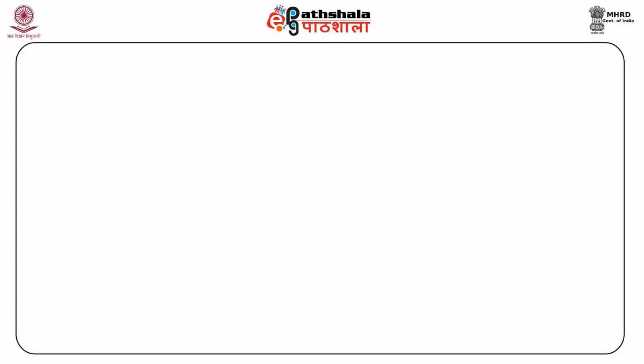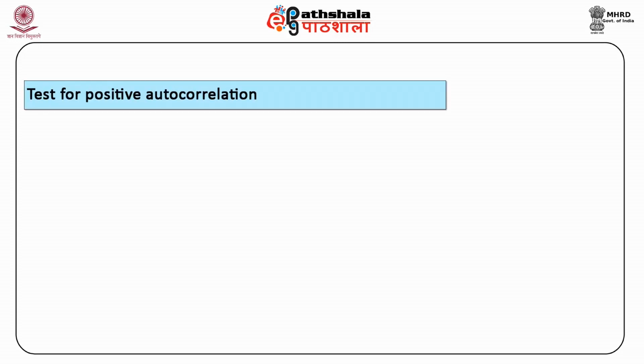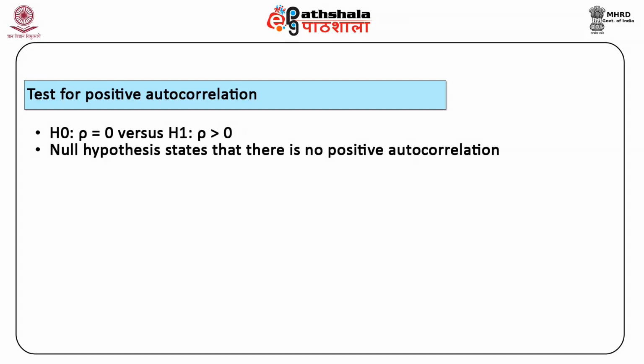The first hypothesis could be a test for positive autocorrelation, where our null hypothesis is rho is equal to 0 versus alternative hypothesis H1, rho is greater than 0. In this case, the null hypothesis states that there is no positive autocorrelation.